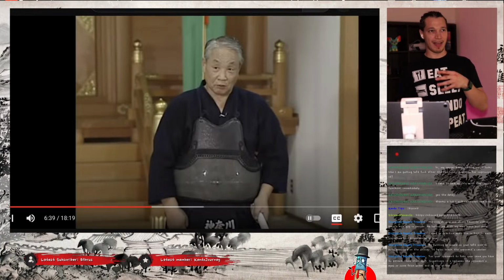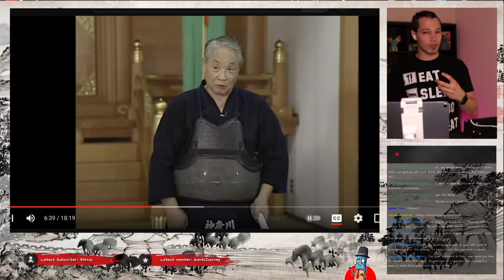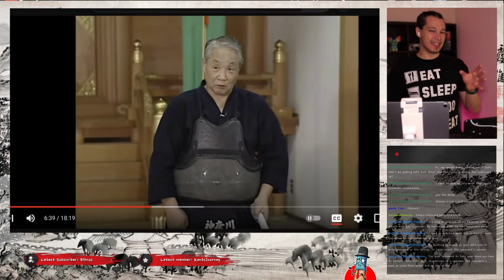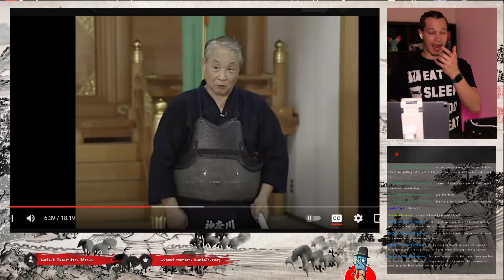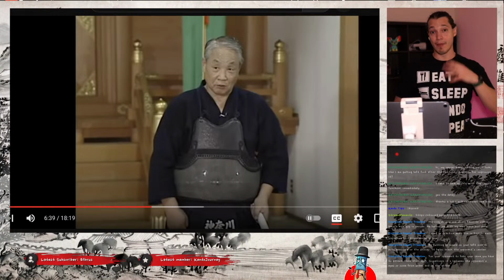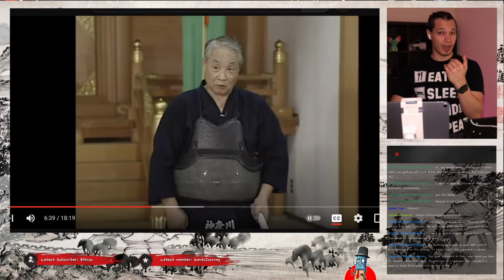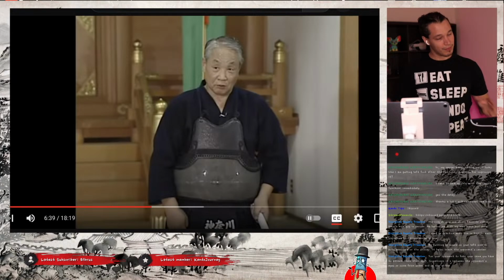So for me at least, it's more about approaching your opponent, being ready and anticipating their movements, rather than thinking about where the blind spot might be for somebody in front of them, because I get a full view. It's a little bit of an abstract concept for me, and I'm not paying attention to the tip of the shinai. For example, I'm paying attention to when you're coming my way and what I can do so you don't make it this way but I make it there. I don't know, that's my point of view.